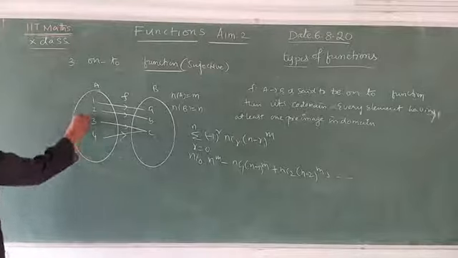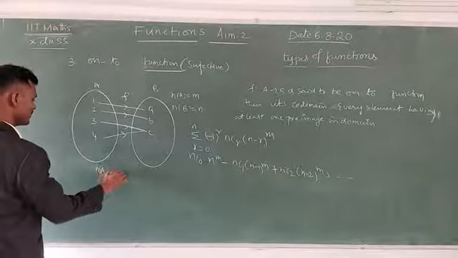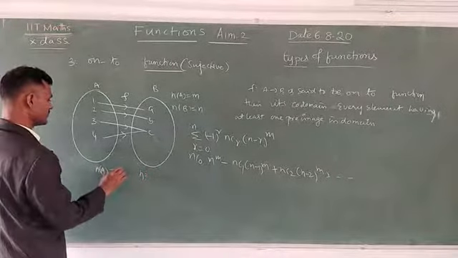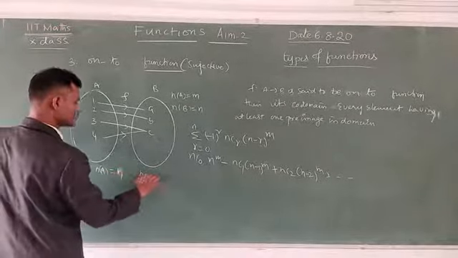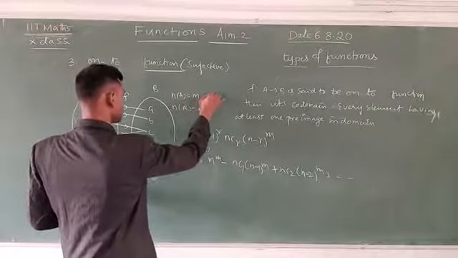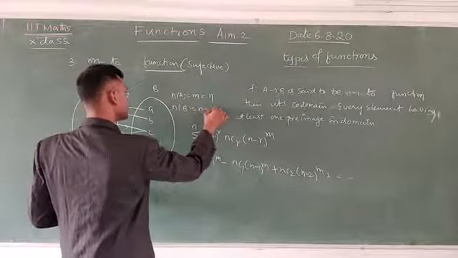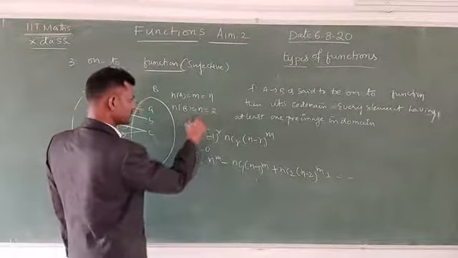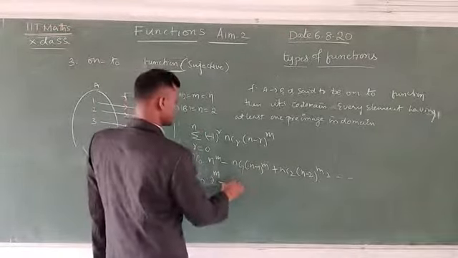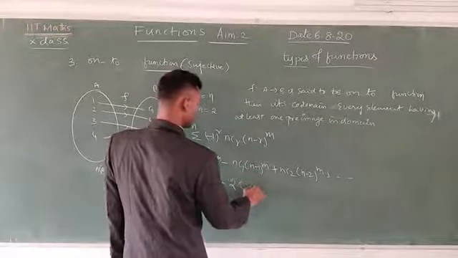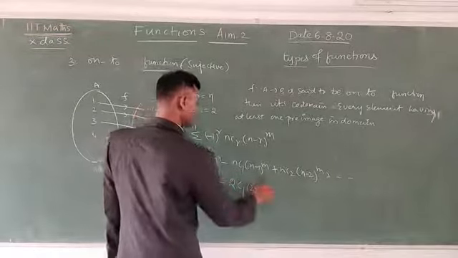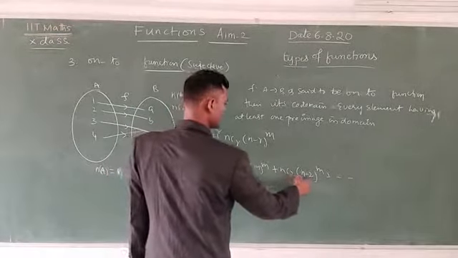Suppose n of A is equal to n elements and n of B is equal to 2 elements we can take. Here n of A is actually m, instead of m we can take n, and instead of n take 2. Now see here, instead of n we can take 2: 2C0 2 power n, minus 2C1 (2 minus 1) power n, plus 2C2 (2 minus 2) power n, which means 0.